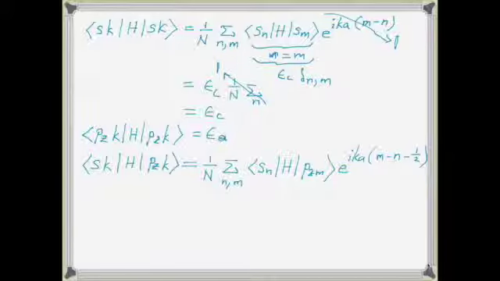So the cation was sitting at like n plus a half a, right? And the anion is at ma. And since the cation has sort of been flipped around as a bra instead of a ket, its phase is negative. So that's why it's negative n minus a half a, corresponding to the cation.